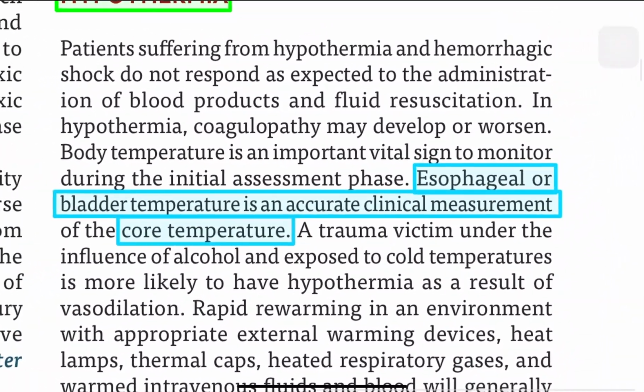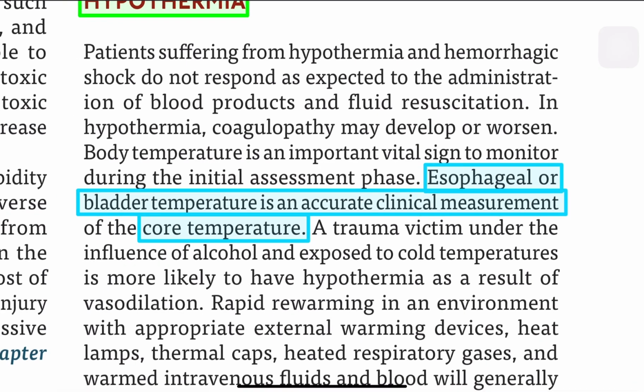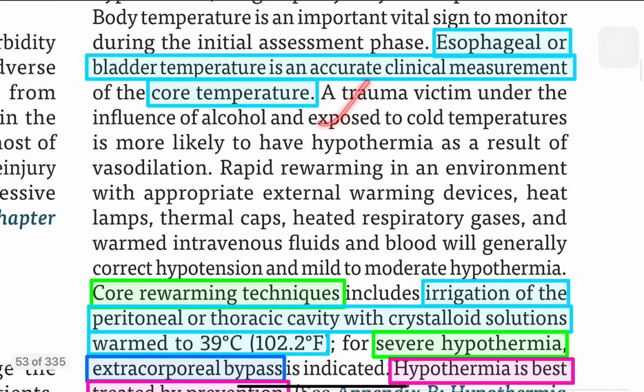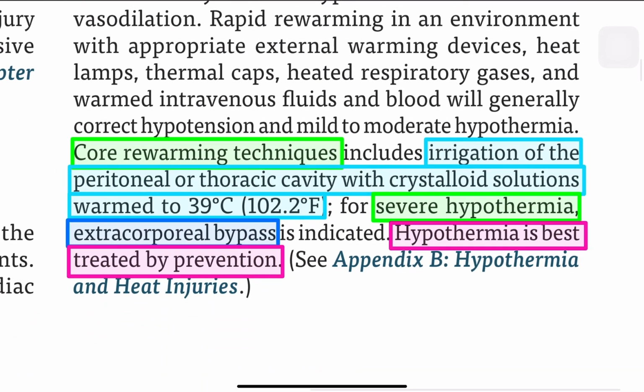For hypothermia, esophageal or bladder temperature is an accurate clinical measurement of core body temperature. Core rewarming techniques include irrigation of the peritoneal or thoracic cavity with warm crystalloid solution, that is 39 degrees Celsius or 102.2 degrees Fahrenheit. For severe hypothermia, we do extracorporeal bypass.